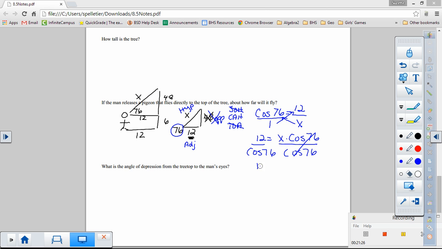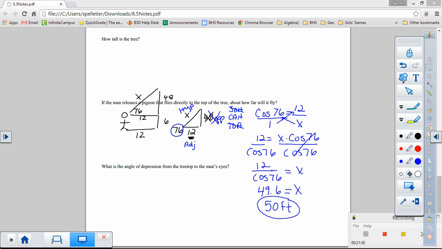So I have 12 divided by the cosine of 76 is equal to x. So you just have to do 12 divided by cosine 76 on your calculator, and it's 49.6, but I'm going to round it to 50 feet. Okay, 50 feet.